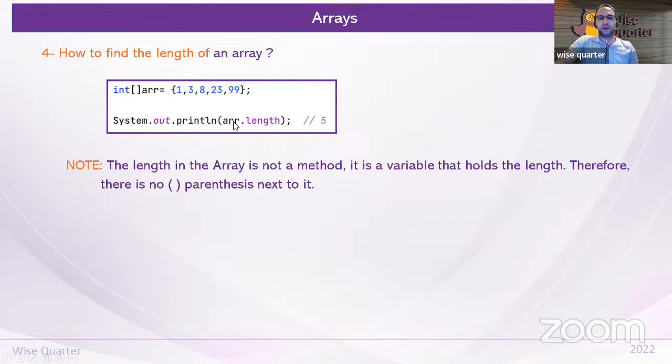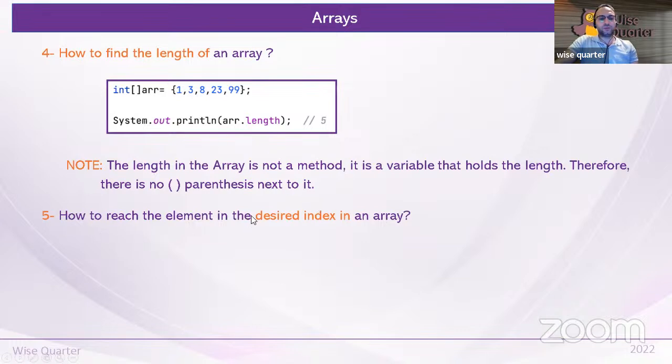It's an unimportant note, you can forget it. But you should know that if there are no brackets after the code, it means it's not a method. If there are brackets like this, it means it's a method. That's all we should remember from here.